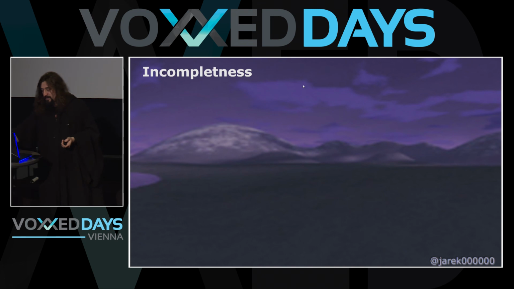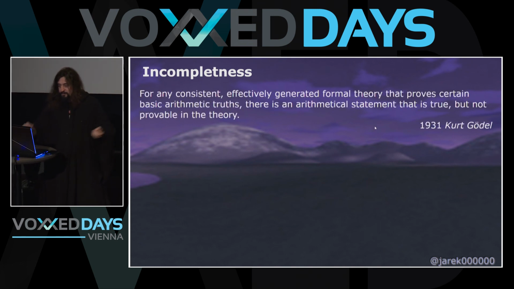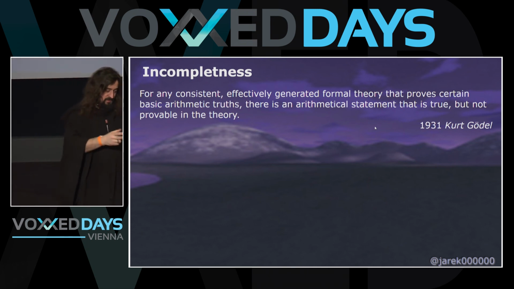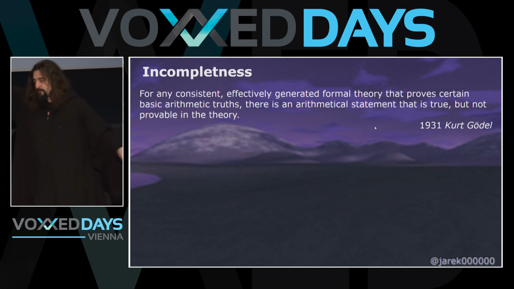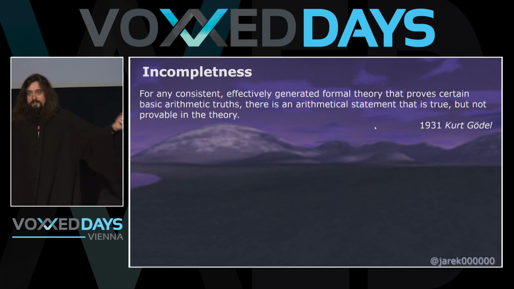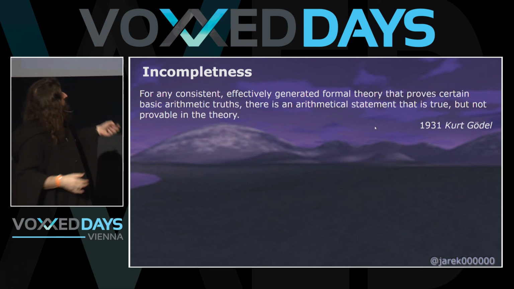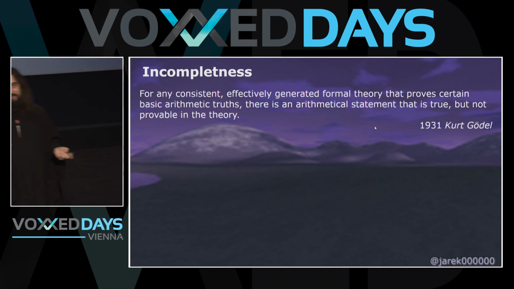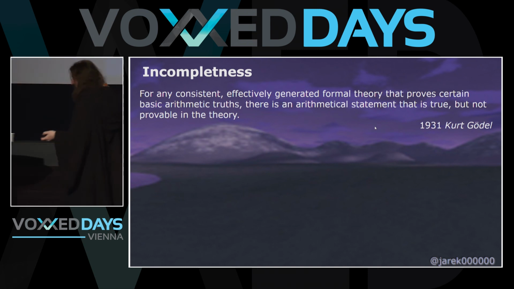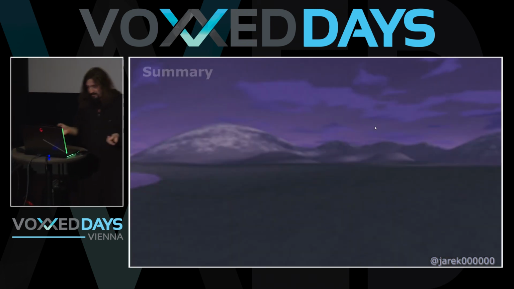And by the way, there is even a theorem from Kurt Gödel, you've probably heard about this, that no matter if we start with sets, if we start with lambdas, if we start with something else, I don't know, cheese, whatever theory we build, if it's good enough to cover the arithmetic, like plus or whatever, it cannot be complete. So in this theory there will be statements that are true, but you cannot prove them using this same theory.